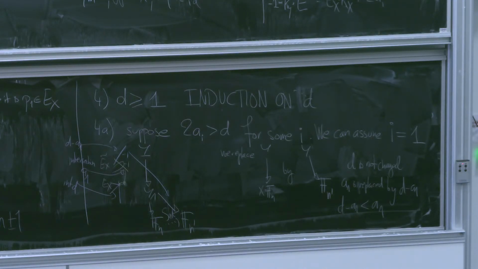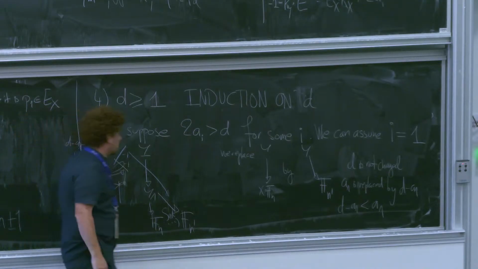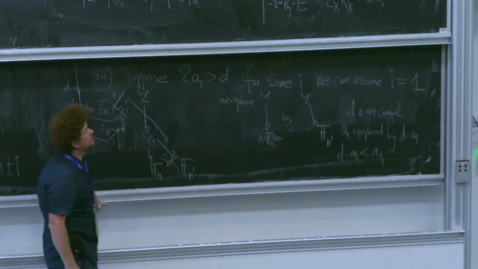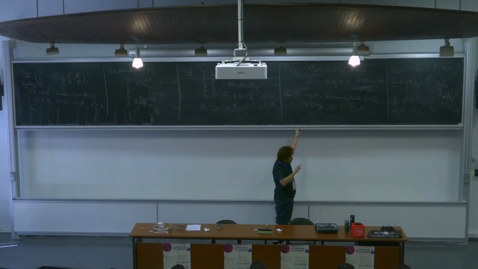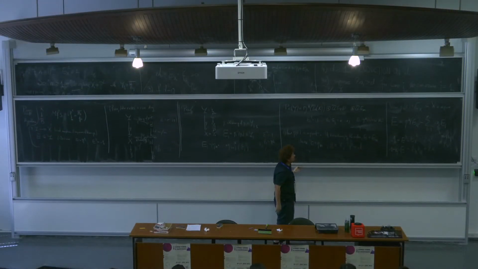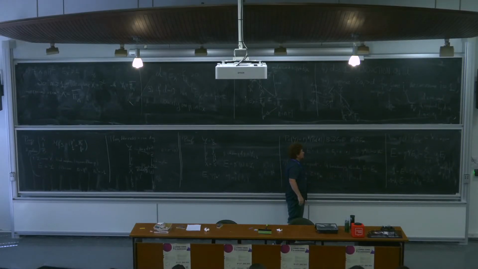So if I have some point like this, I blow up and contract. I do not change the D, but I change the A_i. The A_i decreases, the others don't move. It's the multiplicity of the same curve. So I've just changed one multiplicity, and I make it smaller.